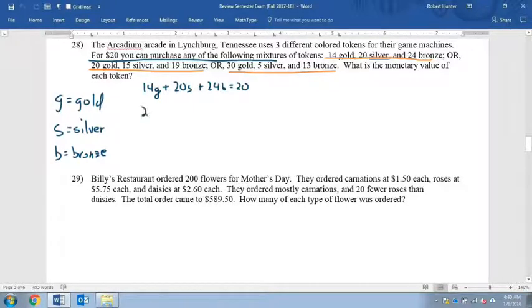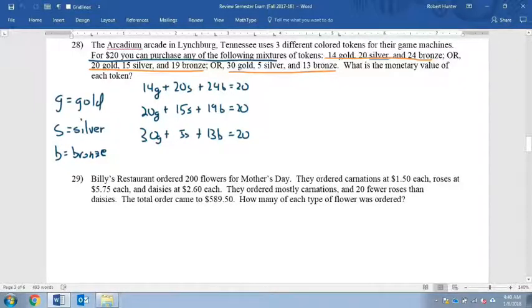I got 20 gold plus 15 silver plus 19 bronze for $20, and I got 30 gold plus 5 silver plus 13 bronze for $20. Let me make sure I wrote those right. Okay, good.